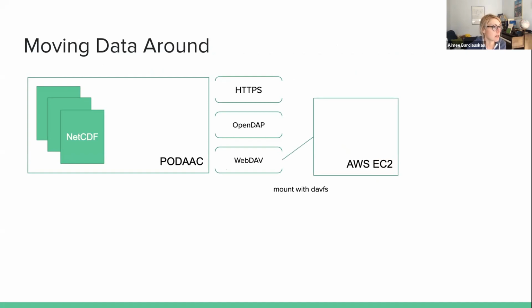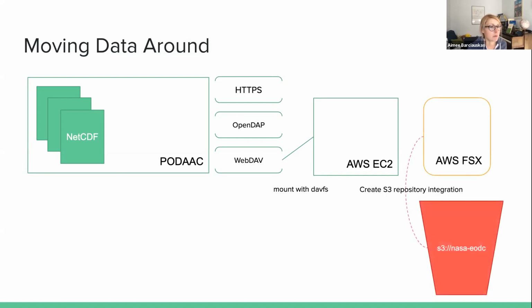The fastest way to access this data was to mount that WebDAV server with the utility davfs onto an AWS EC2 instance. And then we were able to use AWS FSx, which is a way to create a sort of file system cache on top of AWS S3.